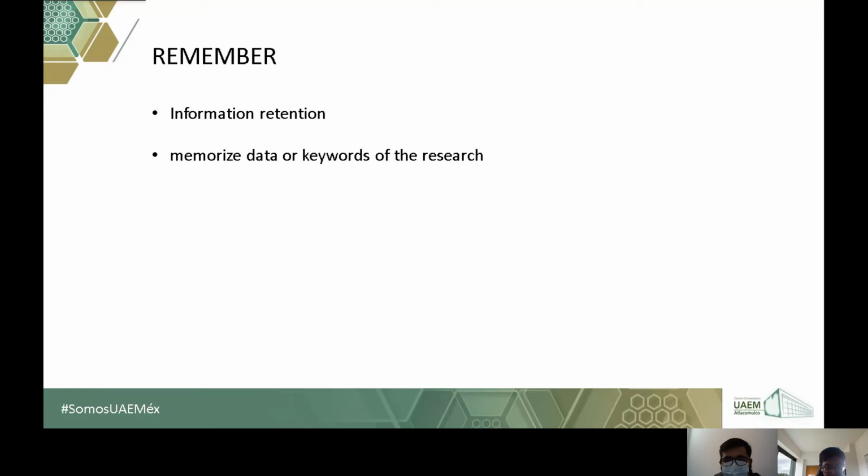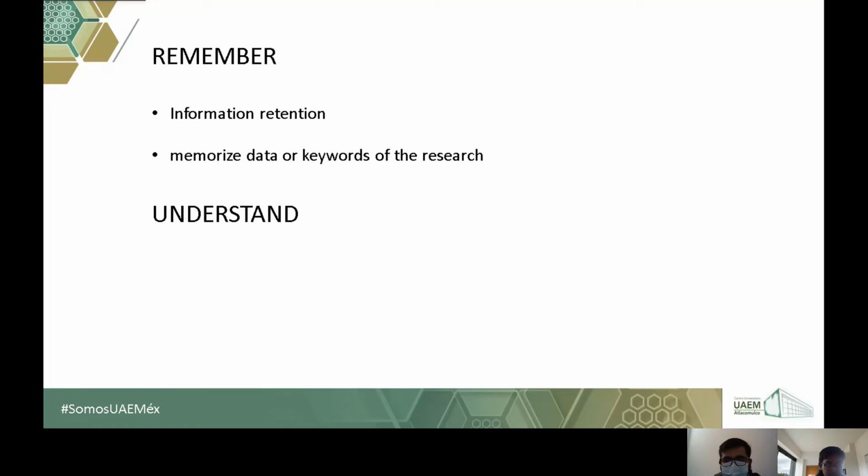This implies that the student acquires and recognizes information. To do this, remember reproduces the correct information from memory using basic memorized data.